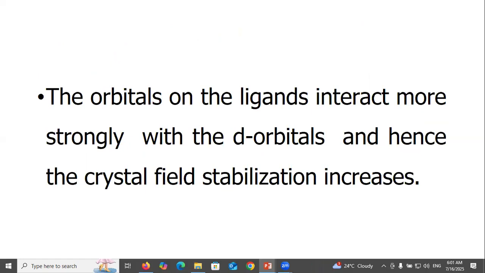The orbitals on the ligands interact more strongly with the d orbitals, and hence the crystal field stabilization energy increases.